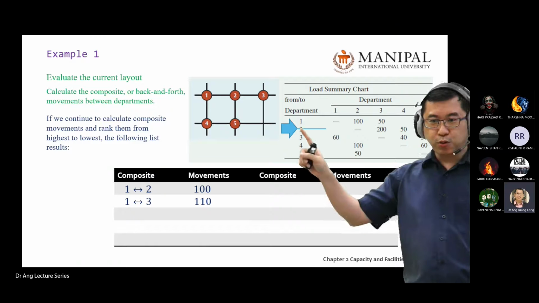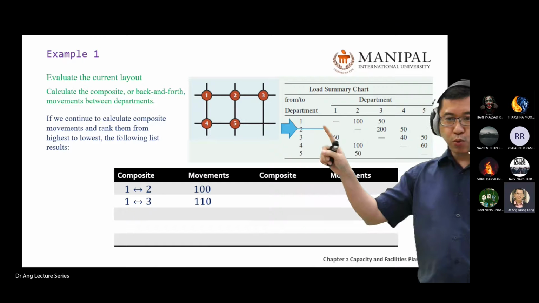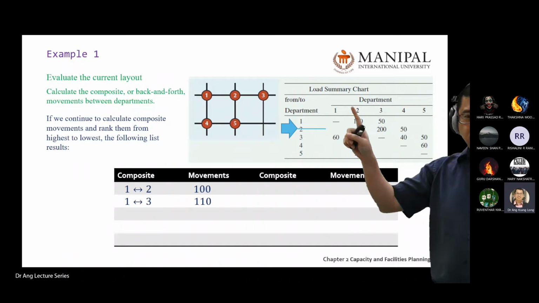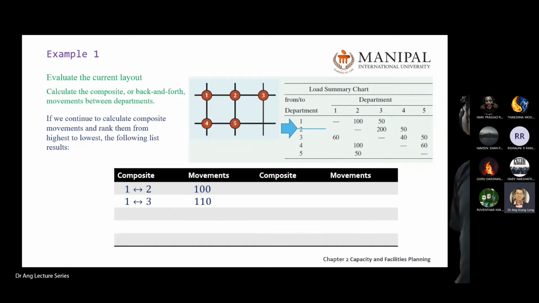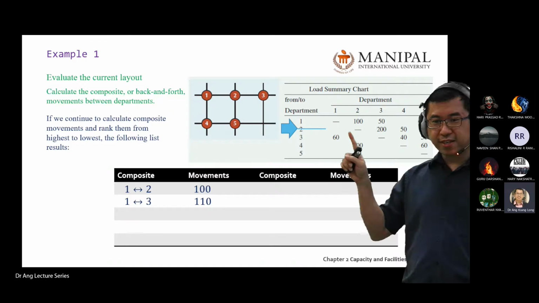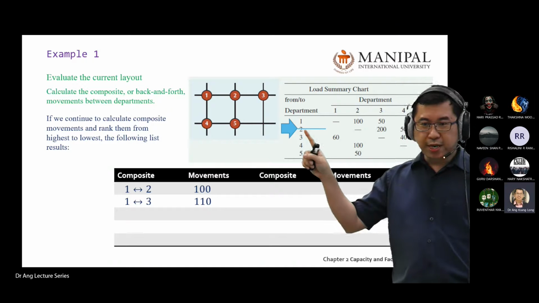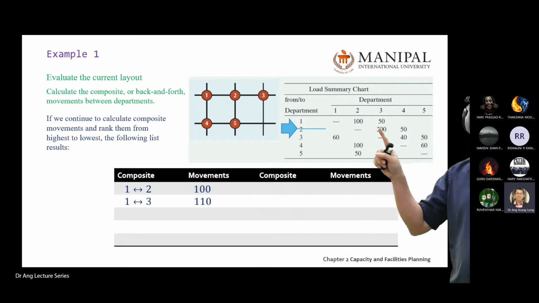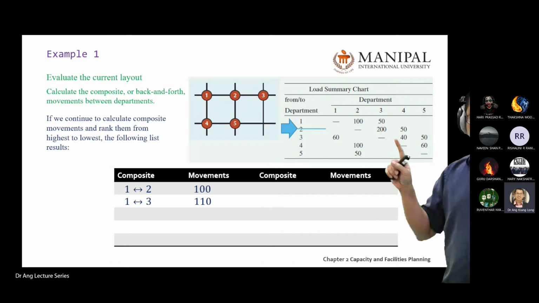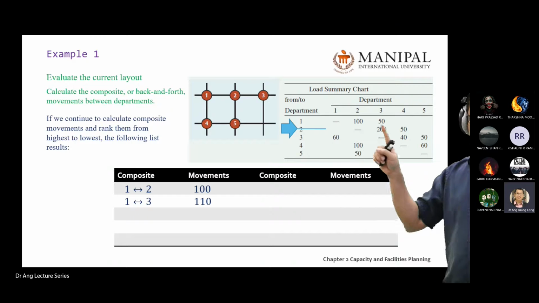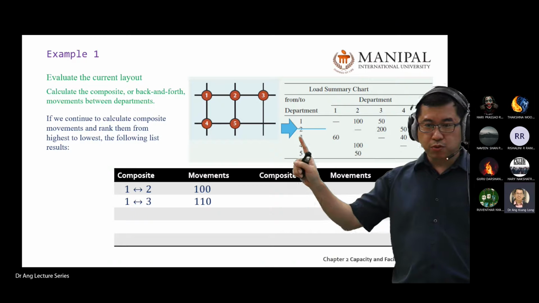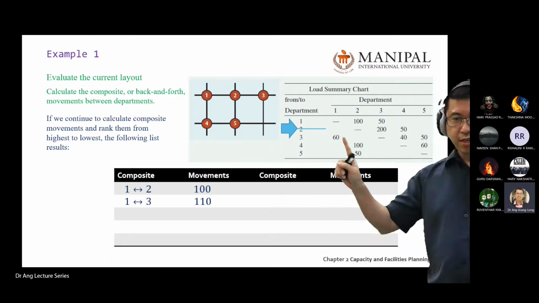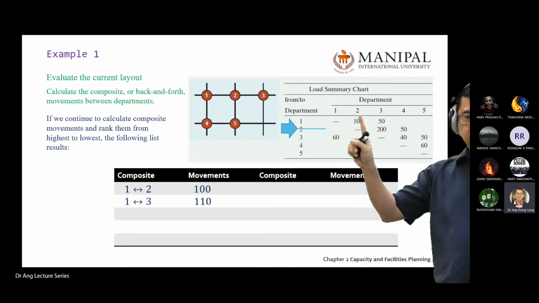Then you continue to do 2, 2, which is 0. I don't do it because it's 0, no meaning. I continue to analyze 2, 3. Then from 3 back to 2, it is 0.